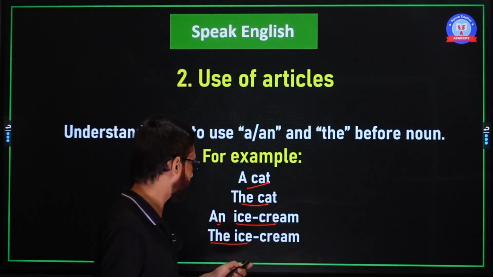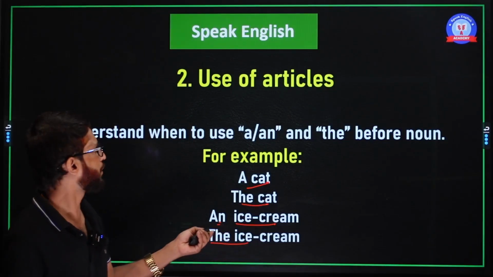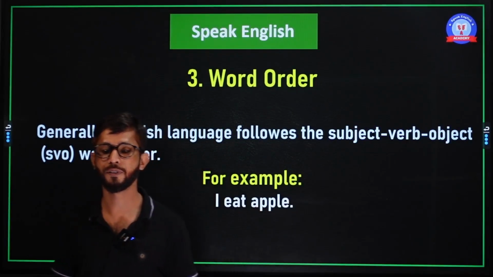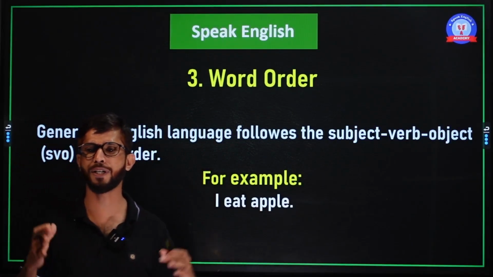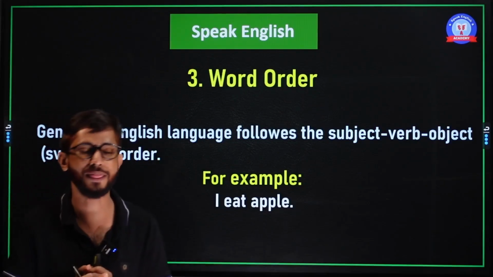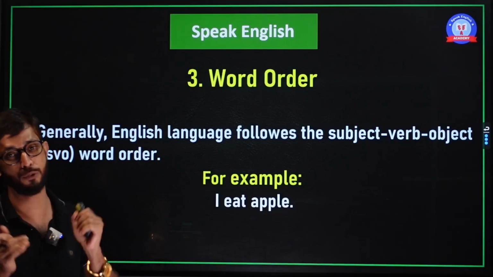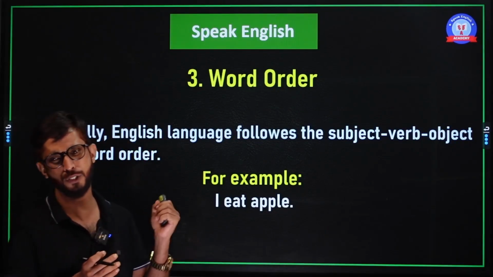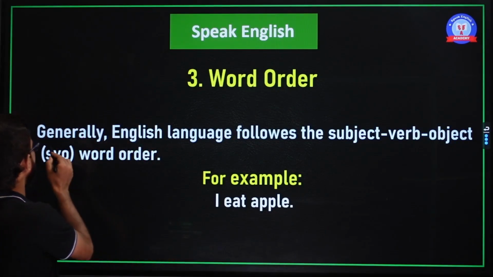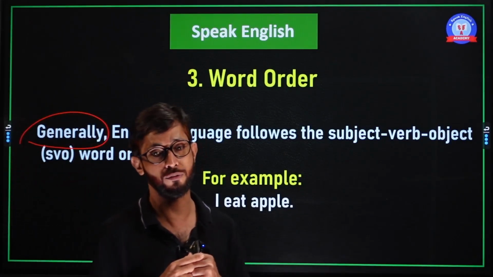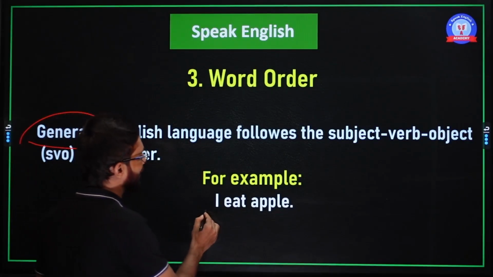Okay. Number three, word order. Generally, the English language follows the subject, verb, object word order, and that is called the SVO method of the English language, right? But not all the time does English follow this. That's why we have written here generally. The English language generally follows these rules, right? Okay. For example, I eat apple.